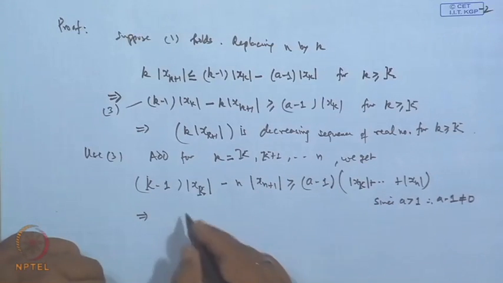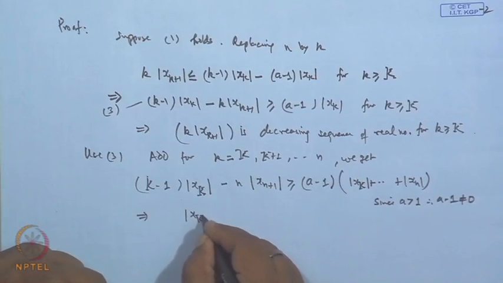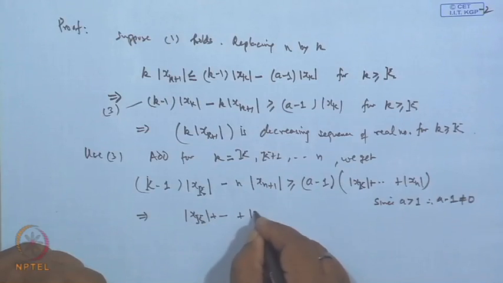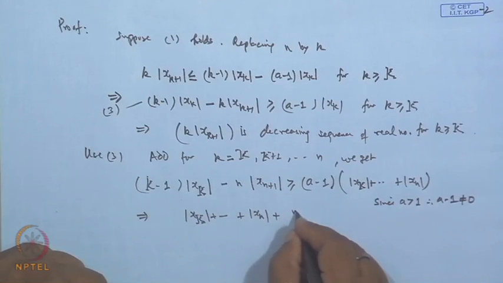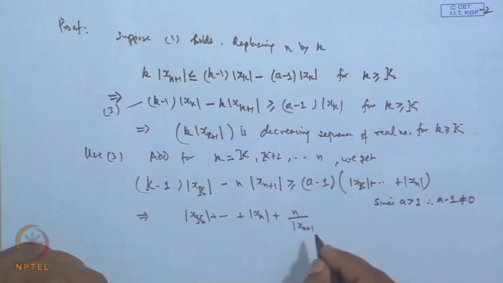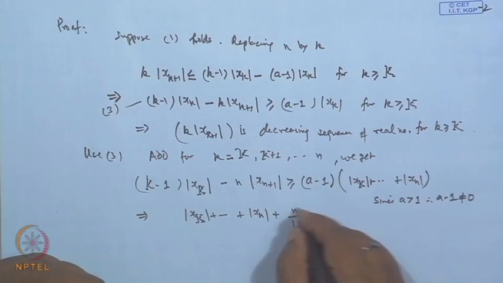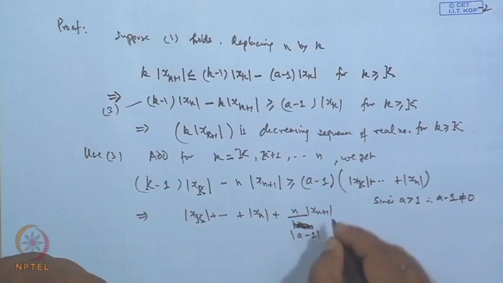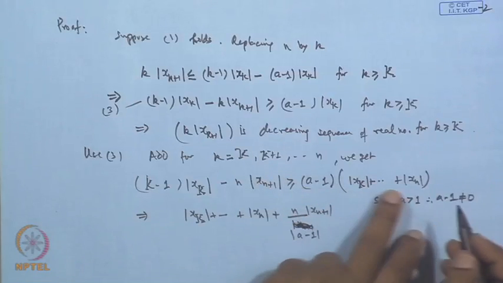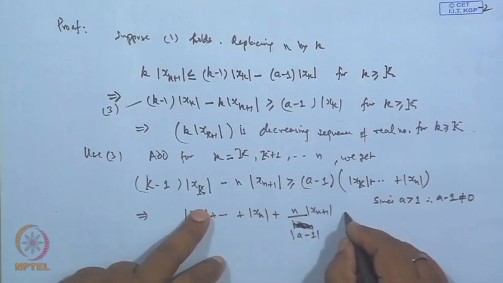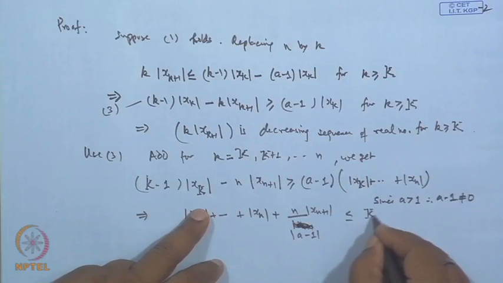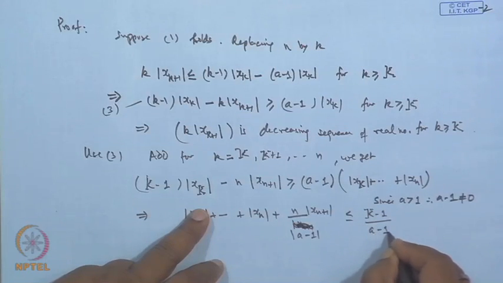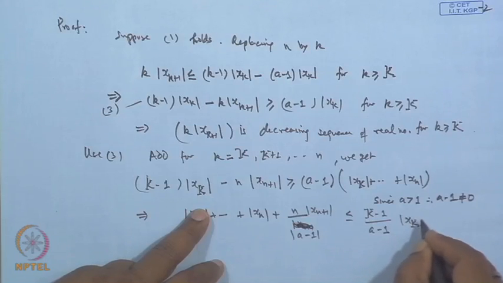So, this implies that mod of x capital K plus up to mod x n, then plus n times mod x n plus 1 divided by a minus 1, this term you are taking here, and divided by a minus 1 is less than or equal to capital K minus 1 divided by a minus 1 mod of x k.